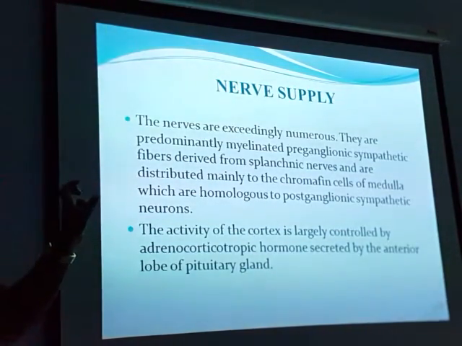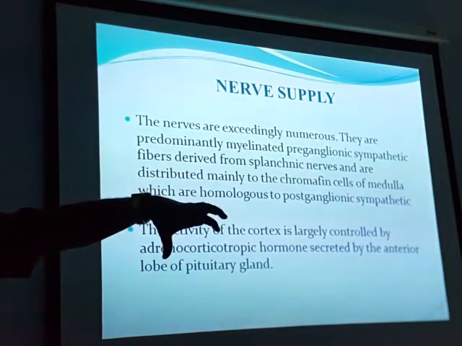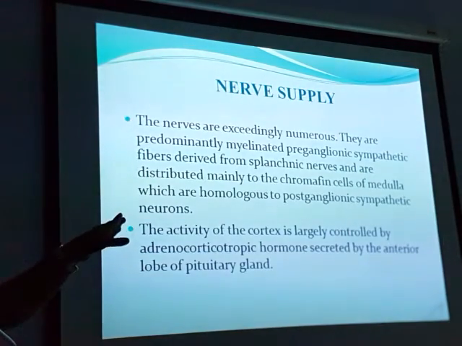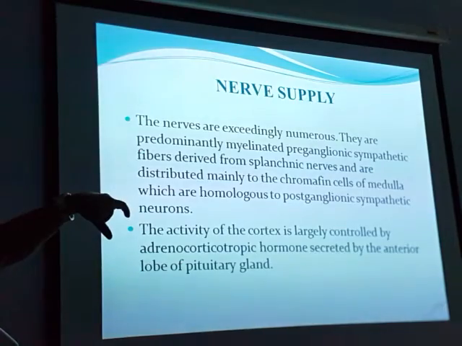Where are the chromaffin cells present? In the medulla, and they are homologous to postganglionic sympathetic neurons. The activity of the cortex is largely controlled by the adrenocorticotropic hormone, which is secreted by the anterior lobe of the pituitary.